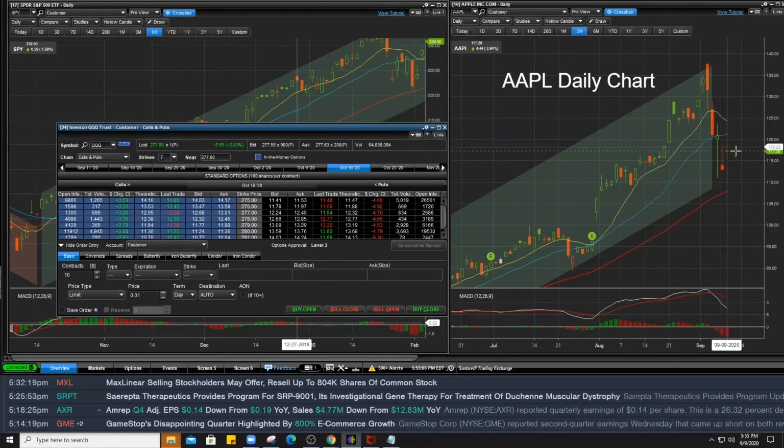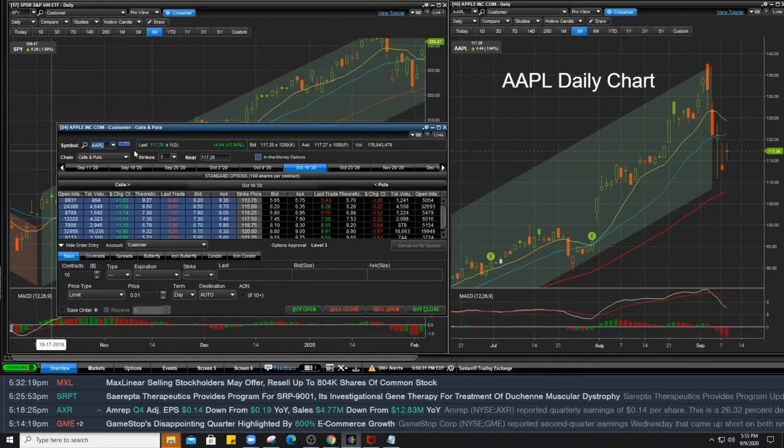Number one, you're going to make the difference from where you bought the shares to where the stock goes. Number two, you're picking a stock that pays a good dividend. Apple's got a pretty darn good dividend. So you're going to be getting paid to own the shares, the dividend. You're going to be getting paid the difference from where you bought and where you sold. Now, the third premium you're collecting are these covered calls.